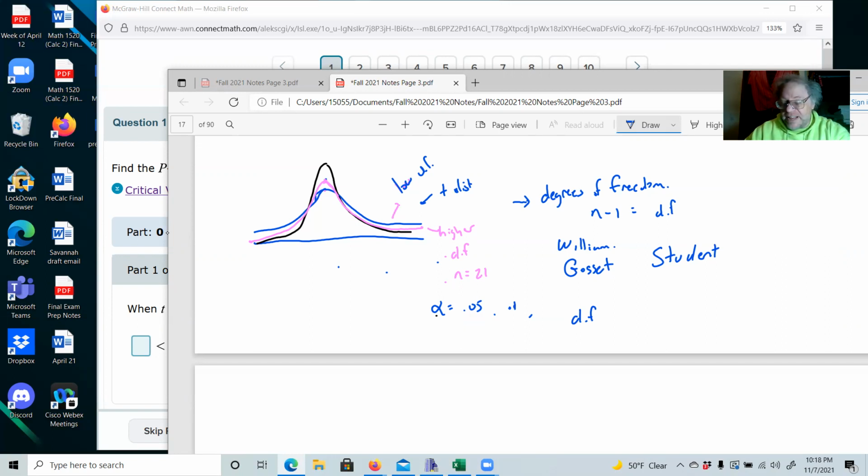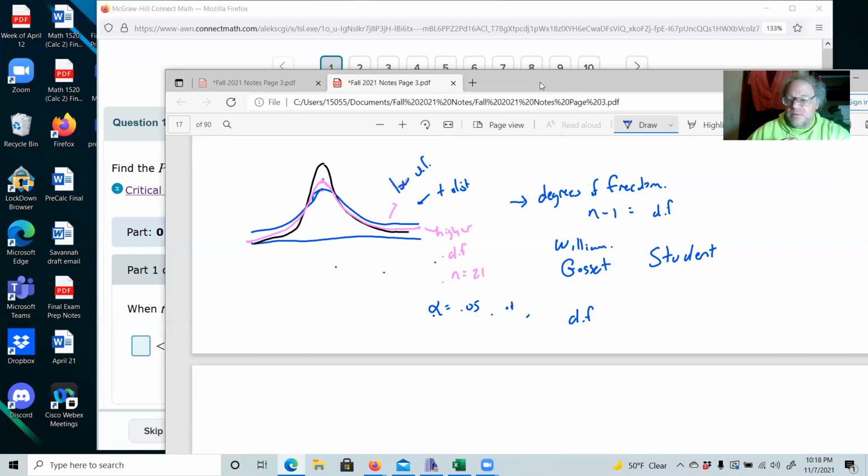Calculating the test statistic might be easier said than done, but everything else is going to be the same kind of steps. The first little part of this deals with some interpretation of a table, so I'll show you that now.